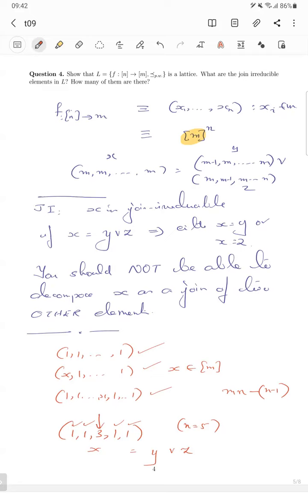Now you can also argue that if more than one location has a number greater than 1, you can always split it into 2. You can realize one maximum using y and the other maximum using z. The remaining thing can just be equal to x. Okay, so I hope, once you see the answer, it should be clear. If there is any doubt, please ask.